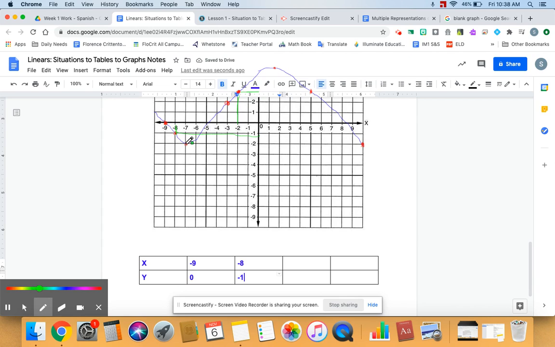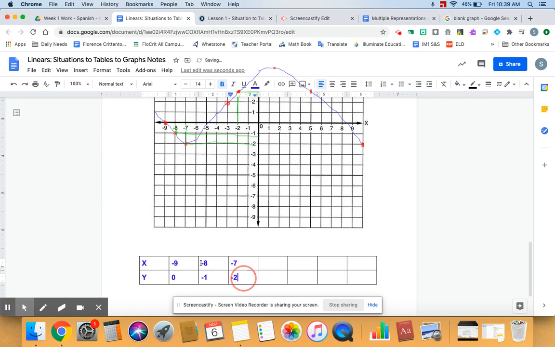My next one, this point: the x is at -7, and what's the y for this point? If you look towards the right, you see it went down 2. So from the middle, I had to go left 7, then down 2. So x would be -7, and y would be -2.